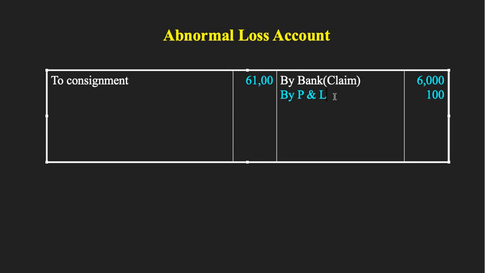So the total would be 6,100 here, and here also 6,100. Actually we have to see what to balance here: it was 6,100, then only 6,000 here, so 100 would be by profit and loss. Right, so this is the abnormal loss account.